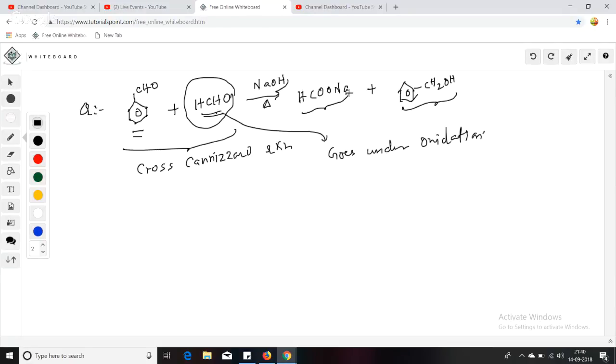One very important reaction we have, which is based on this only, is the Claisen-Schmidt reaction. The one important reaction we'll discuss next is the Claisen-Schmidt reaction.